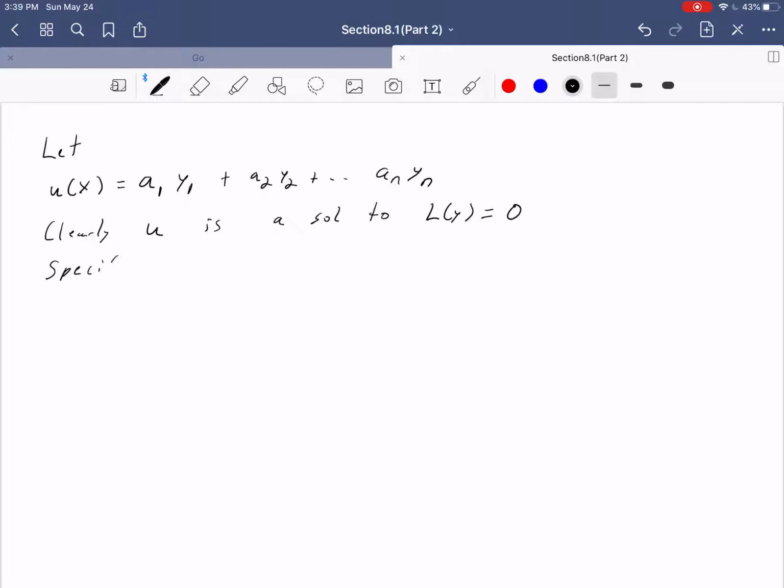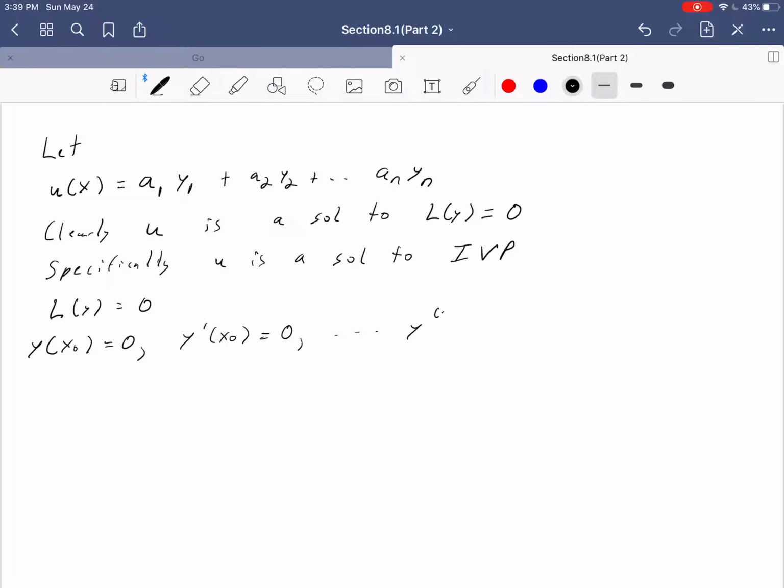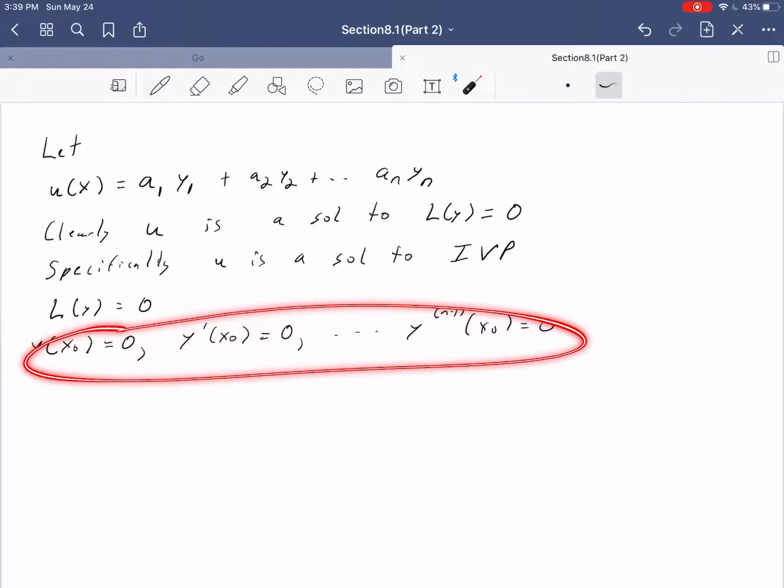Specifically, though, u is a solution to the IVP L of y equals 0, y of x0 equals 0, y prime of x0 equals 0, through the n minus 1 derivative at x0 equals 0. Now, how do I know that's the case?